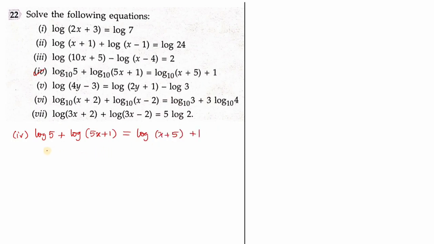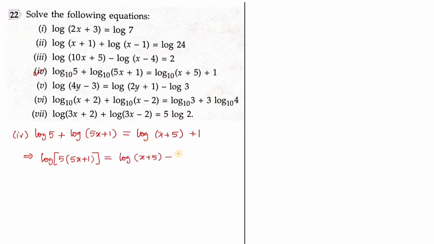Alright, so now what you will do is you can apply the product rule here. So it becomes log of how much? So 5 into (5x + 1), you get this much. And this is log(x + 5).